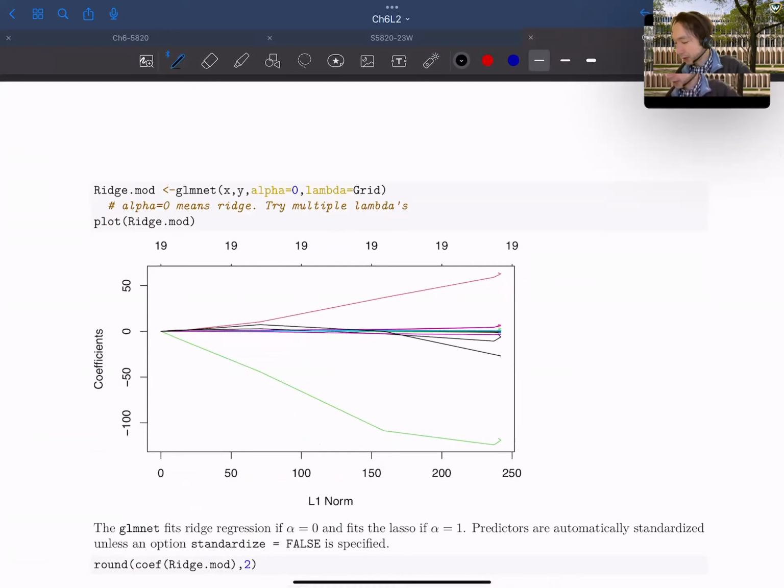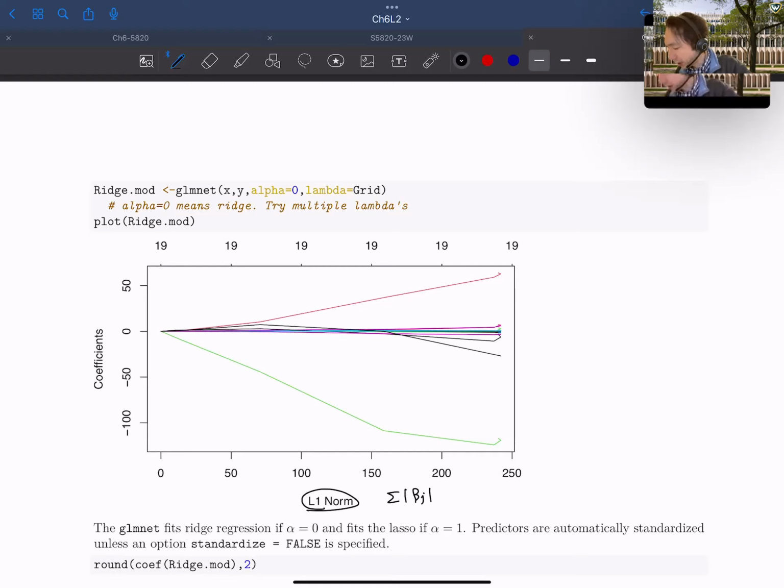And here are the estimated coefficients. So this is the L1 norm, the summation of the absolute value of beta j.